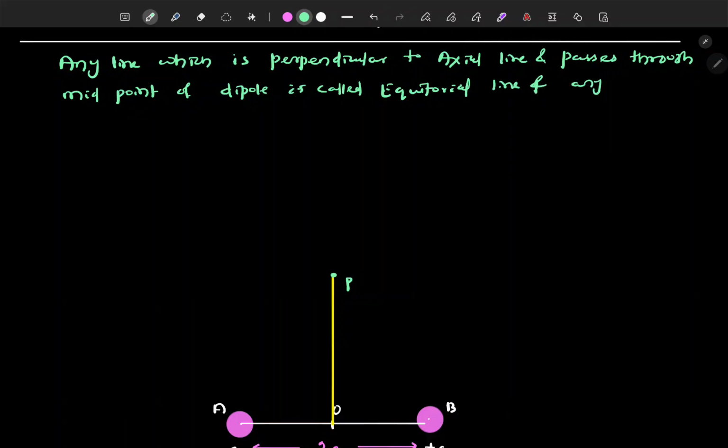And any point on it, meaning on the equatorial line, is called equatorial line position.